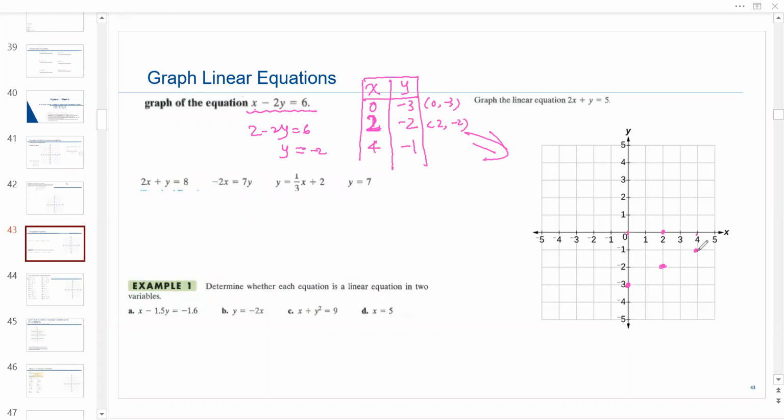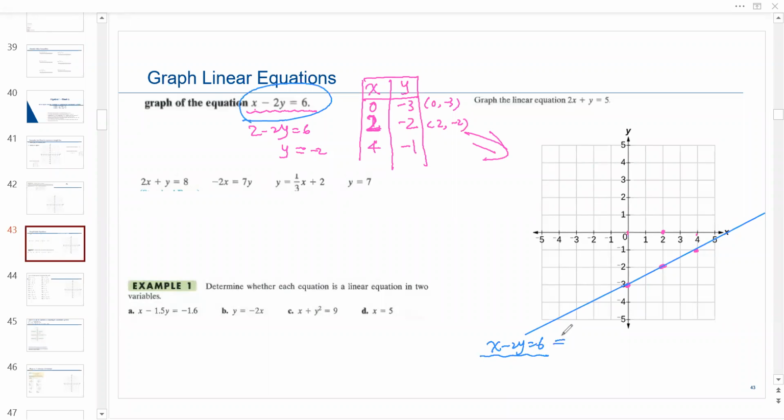So these three dots, we can graph them together like this way. We can graph this line right here. So here is x minus 2y equals 6.